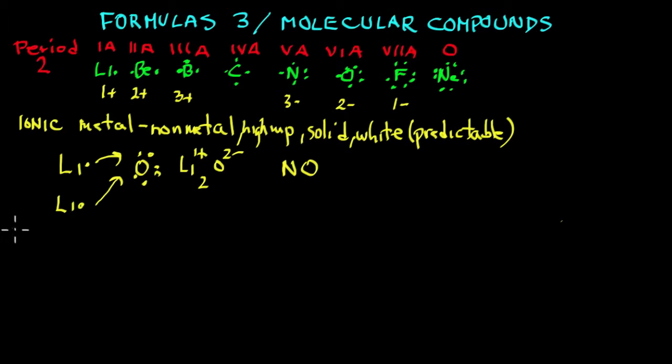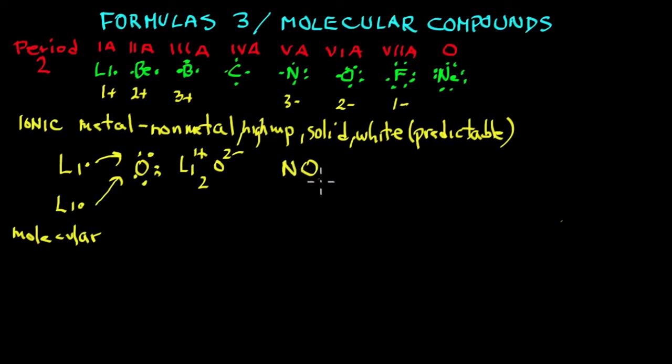So molecular compounds, we'll tell you right off, are not predictable, and there are many more molecular compounds than ionic. There are hundreds of thousands of molecular compounds. The reason we'll discuss in later tapes; one of the reasons is the element carbon. It produces hundreds of thousands of compounds.